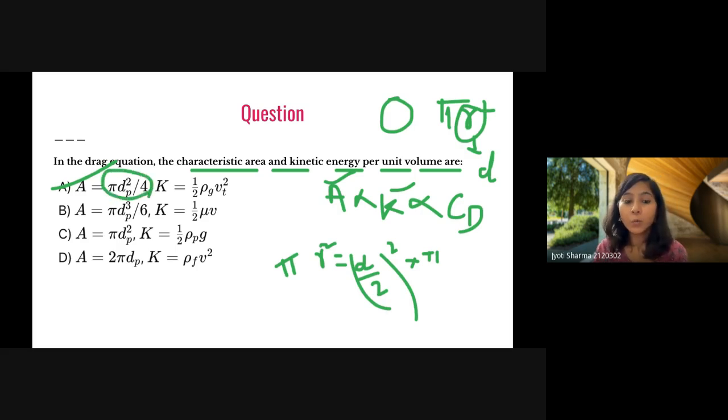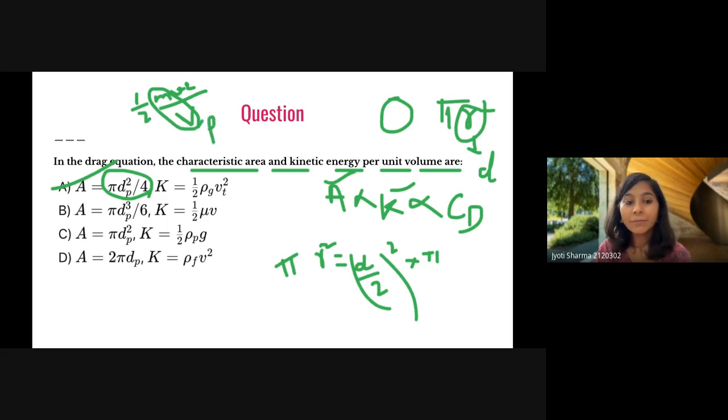Then we have kinetic energy. We know that kinetic energy is equal to 1 by 2 mv square, that we learned in our physics class in our school time, right? But here we are using kinetic energy per unit volume, so we are dividing it by the volume. So mass upon volume is density, right?